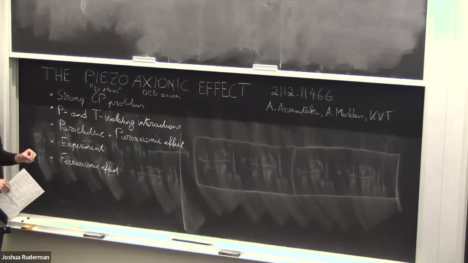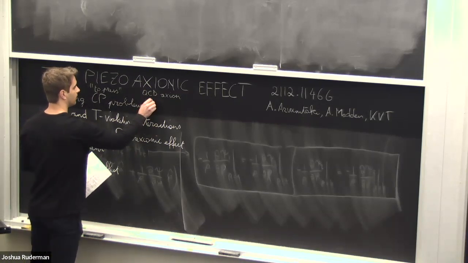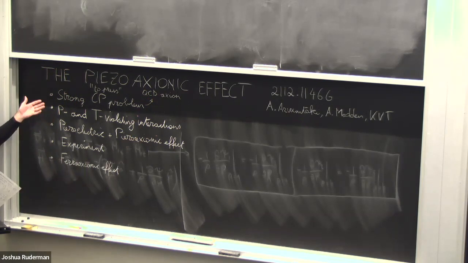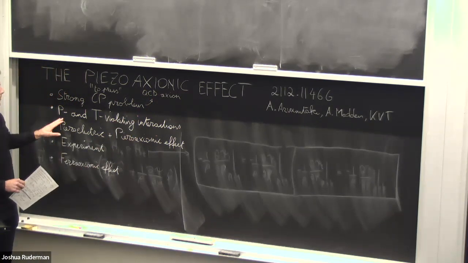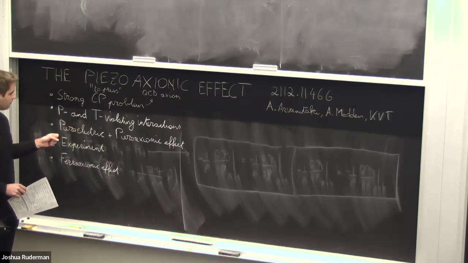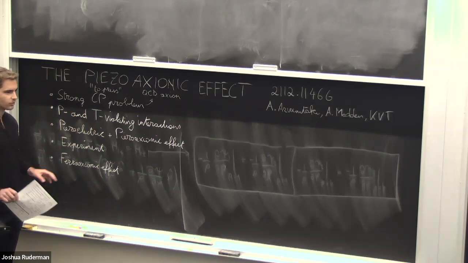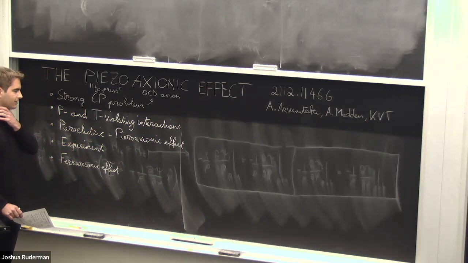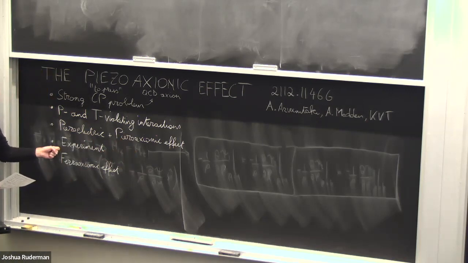It's called the strong CP problem. Then I'll talk about the potential solution, which is the QCD axion, and what effects the QCD axion has, in particular, the parity and time reversal violating interactions. And then I'll talk about the piezoelectric effect, which happens without the QCD axion even, and then our newly discovered effect. And I'll describe what the setup looks like.